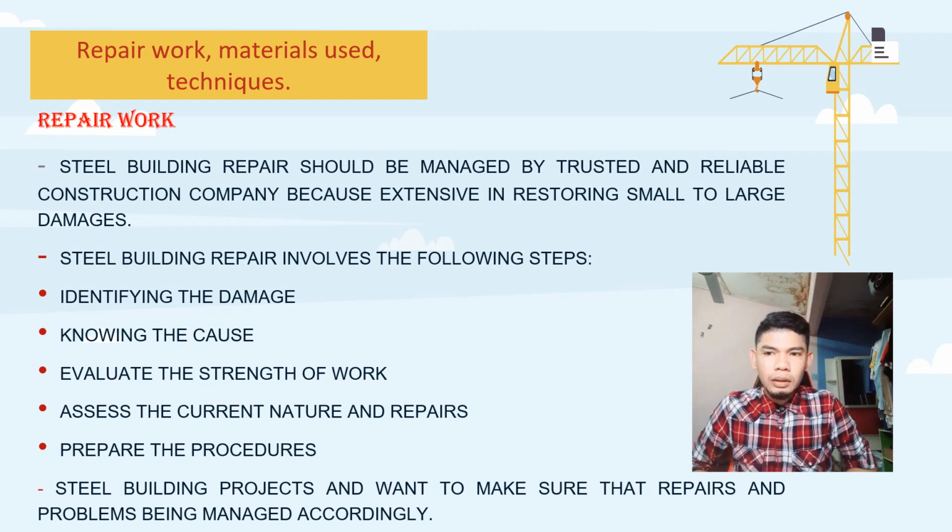Steel building repair involves the following steps: identify the damage, know the cause, then evaluate the strength of work, assess the current material, and repair, which is prepare the procedures. For a steel building project, we want to make sure the repair and the problem are managed accordingly.